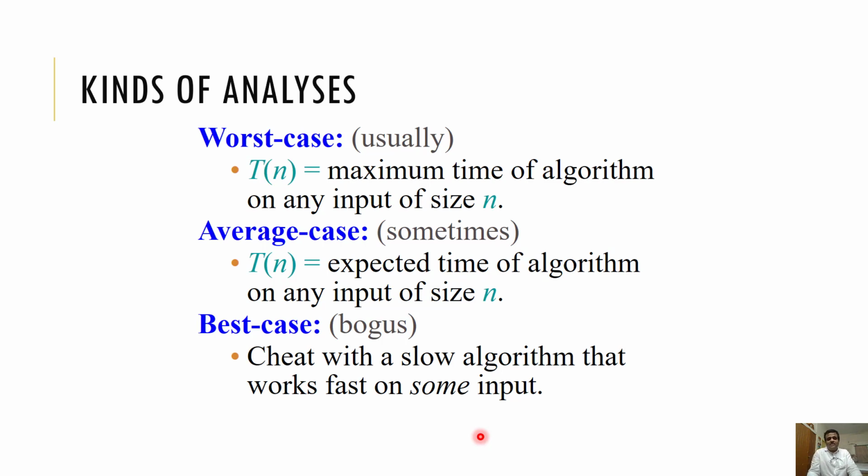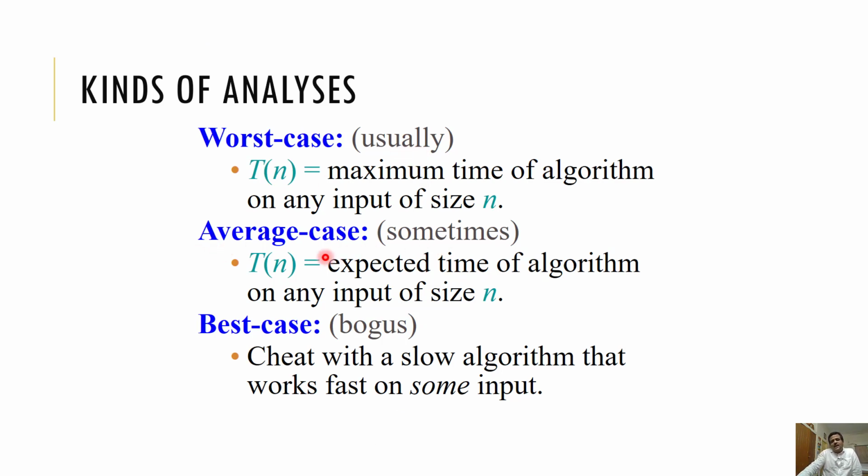I am cheating because I am not telling my worst case scenario. The judge can run my code for all possible inputs and find where it performs badly, and so find the maximum time. That is why worst case is the usual analysis one should do for any piece of code.